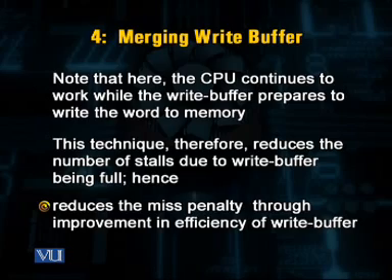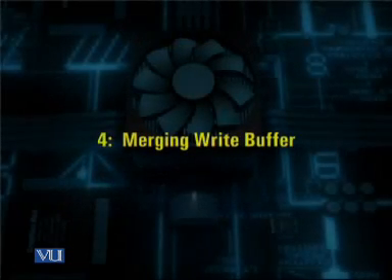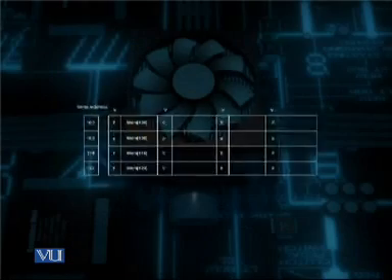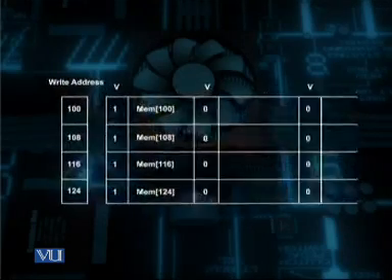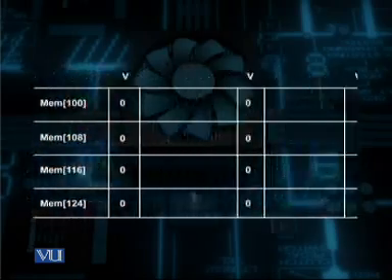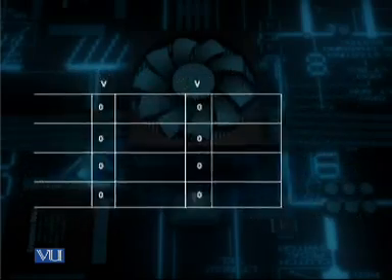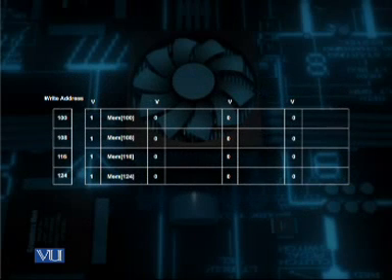In order to explain this, let us consider a 4-entry write buffer shown here, with each entry holding 4 64-bit words. Here, 4 stores, say at memory addresses 100, 108, 116, and 124, would fill the buffer at 1 word per entry at sequential addresses. Here, the buffer is full even though 3/4 of each entry is wasted.